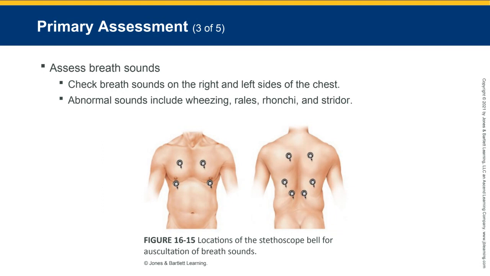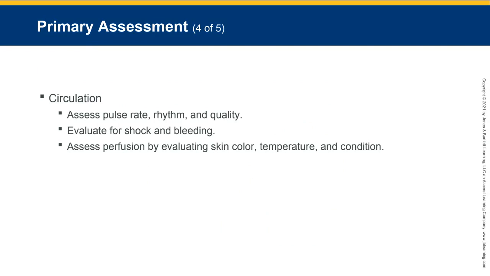Very important for you to listen to lung sounds if you suspect that the patient has a respiratory problem. Now, based on your findings for upper airway and breathing, you will manage accordingly.